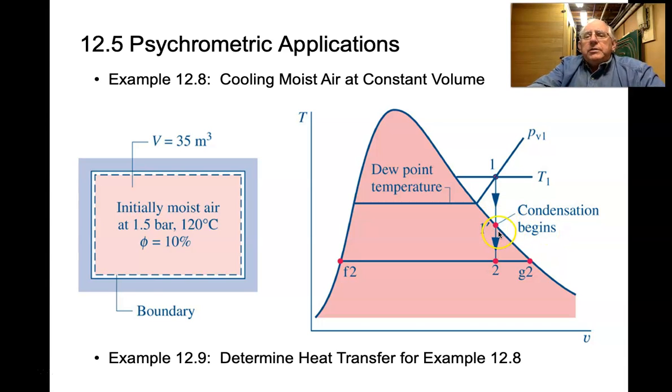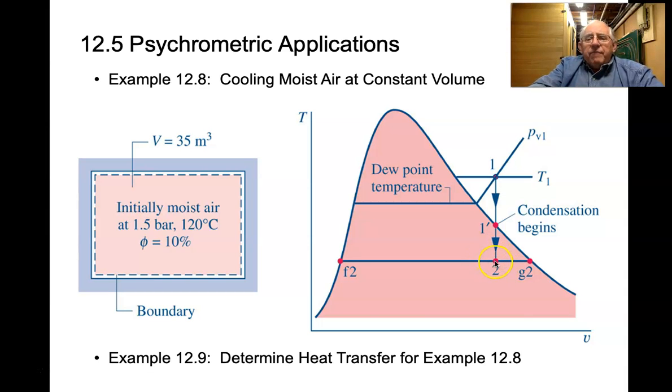And then what happens is it continues as we cool down to the lower temperature, temperature 2, we will then follow a constant volume process down to this point here. Now, the specific volume can be obtained at this point because it's saturated vapor at a temperature and a pressure, and that's the same volume as at this point, and that's the same volume at this point.